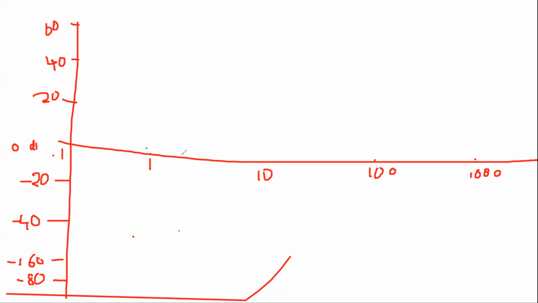Our interest is the two corner frequencies, 2 and 20. After 1, the line for 2 is there, so mark it. The next corner frequency is 20. After 10, immediately the next line is your 20 line, and somewhere over here is your 200 line. These are the important things we require.